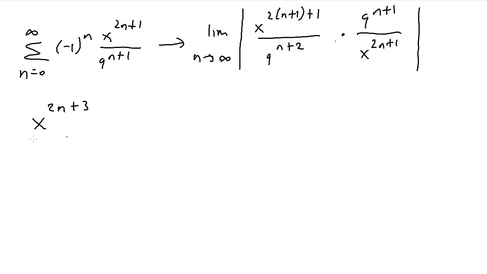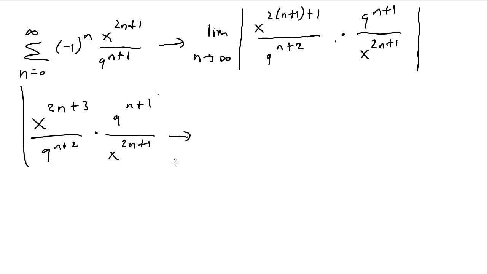So now over 9 to the n plus 2 multiplied by 9 to the n plus 1 over x to the 2n plus 1. And so now if I were to expand this, I would have x to the 2n times x cubed, which can just be written as x times x times x.